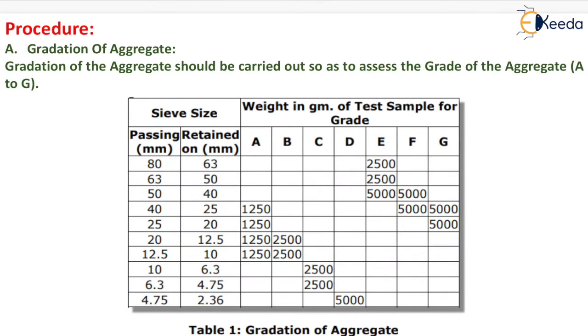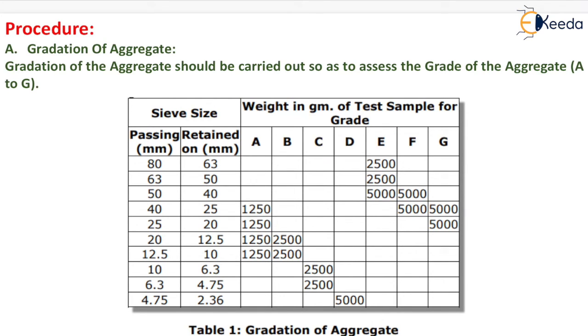Now the procedure of abrasion test. First one is gradation of aggregate. Gradation of aggregate should be carried out so as to assess the grade of the aggregate, A to G. Now in this table, in the first column sieve size is written, that is the passing sieve and the sieve on which the material will be retained, and in the next column the grade of aggregate is written with weight.